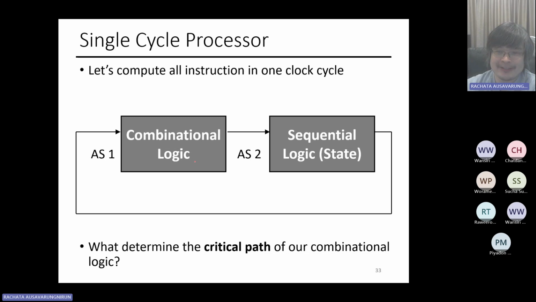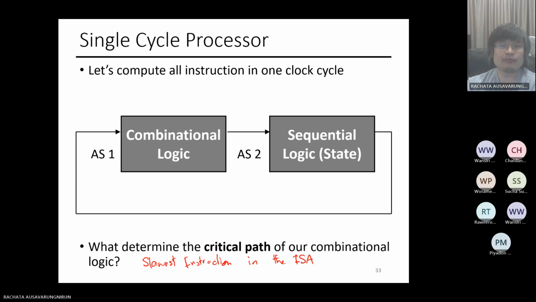Now, what is going to determine the critical part of our combinational logic? If you look at all instructions in the ISA, my answer is that it's going to be the slowest instruction in the ISA. Why is this the case? If I want a single cycle processor, every single command will take 1 cycle.